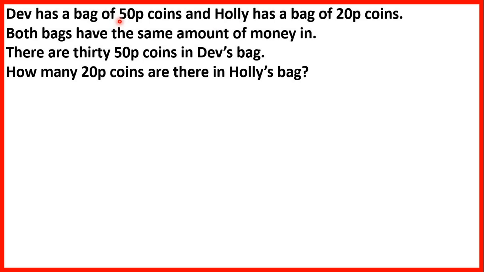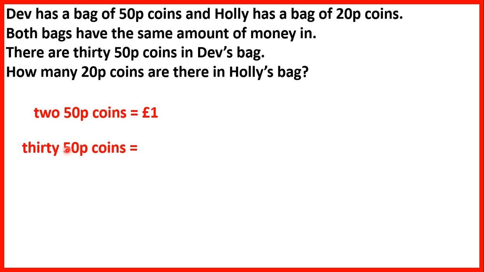So Dev has 50p's. If we have two 50p coins, we have £1, but we know that Dev has 30 50p coins. Now 2 times 15 is 30, because 30 divided by 2 is 15, and £1 times 15 is of course £15.